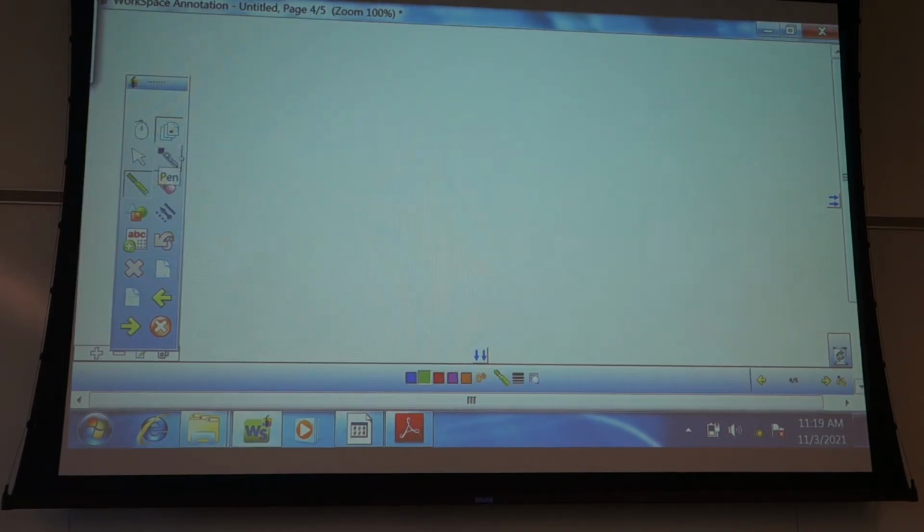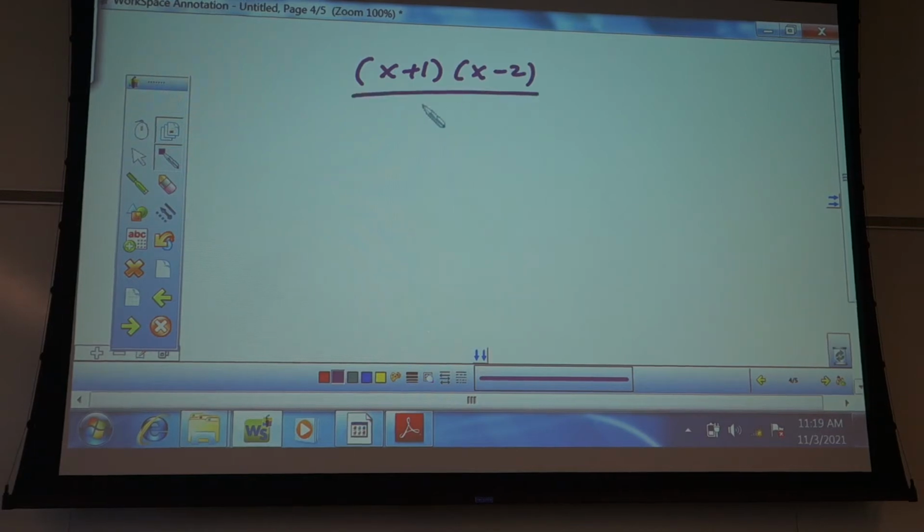Say I have x plus 1 times x minus 2 over x plus 1. How do people feel about the fact that these two will cancel out, and this is equal to x minus 2? Do folks feel okay with that?